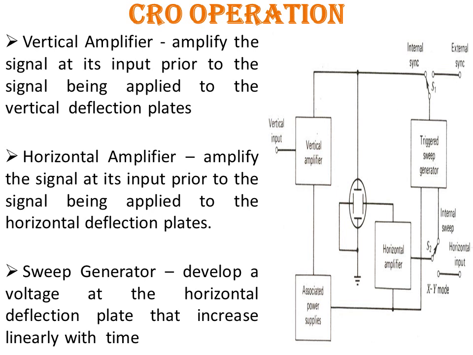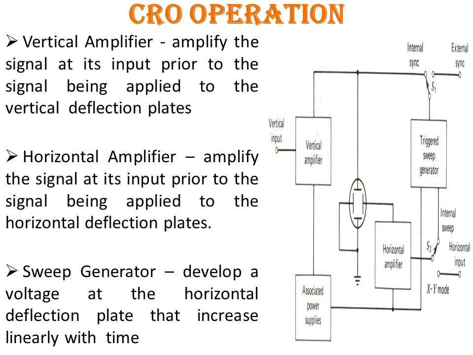In the CRO, the major blocks are the vertical amplifier, horizontal amplifier and sweep generator. The vertical amplifier is used to amplify the signal at its input before it is applied to the vertical deflection plates, as you can see in the block diagram.